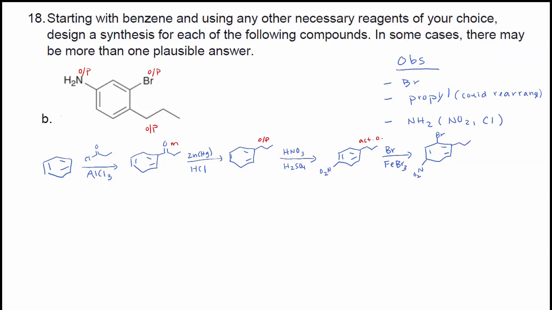And that's the ortho para director. So that one is going to win the battle of driving the bus. So that next bromine that gets put on is going to be ortho to the other group. So after we do this, then we can reduce the nitro group.